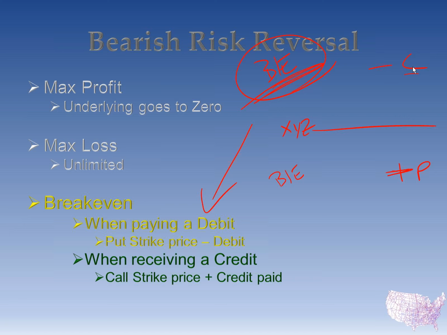Well, just move it up to zero and try to get that trade there, or a couple of pennies in there, because it's the call strike price plus the credit paid. So if our call strike is here, then our break even is slightly higher, right? And if it's the put strike minus the debit paid, then our break even is actually slightly lower. So we have to make that move happen to the downside. All right.